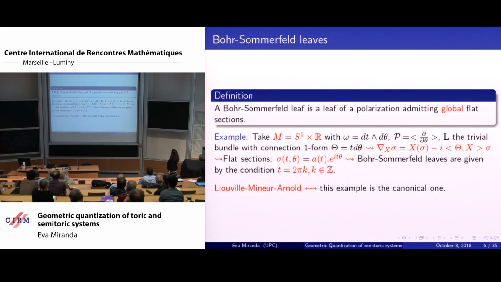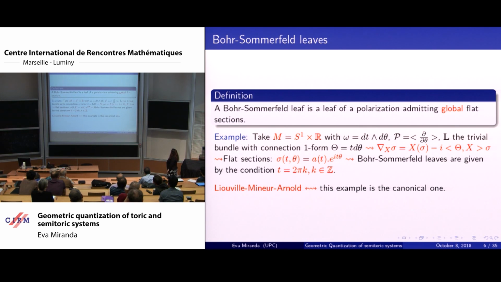And to have globally defined Bohr-Sommerfeld leaves, I need to have this T be an integer, because I'm going to go around S1. So I only have a discrete number of Bohr-Sommerfeld leaves, which are defined by the condition that T is an integer, okay?